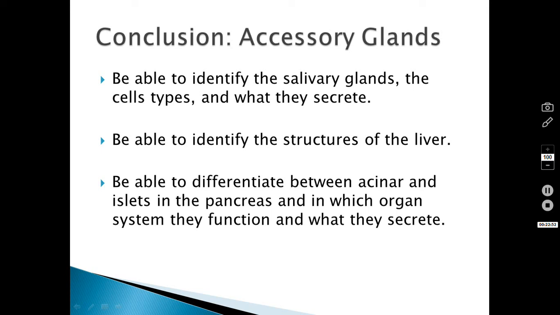Tell me which portion is an exocrine function, so part of the digestive system, which part is the endocrine function, so part of the endocrine system, and what they secrete. So digestive enzymes coming from the acinar portions of the pancreas, and insulin and glucagon coming from the islets of the pancreas. So hopefully that helps clarify the histology a little bit.